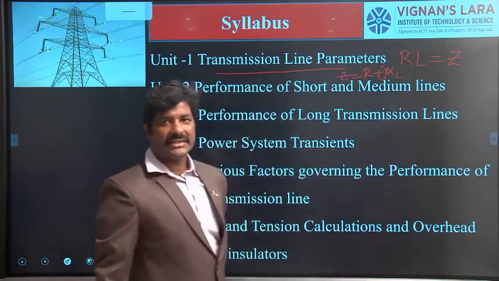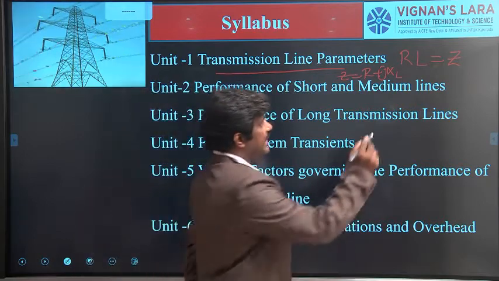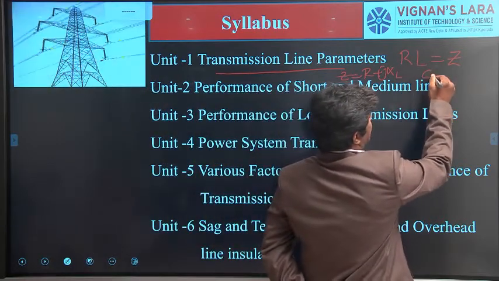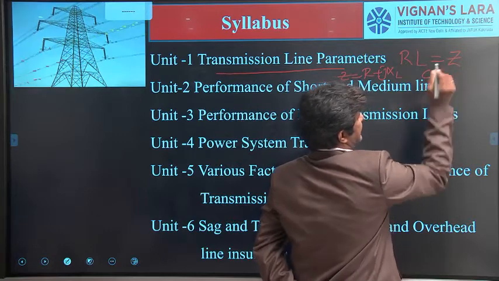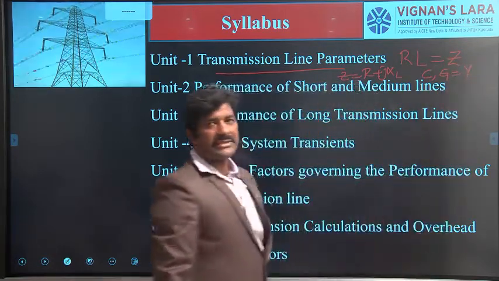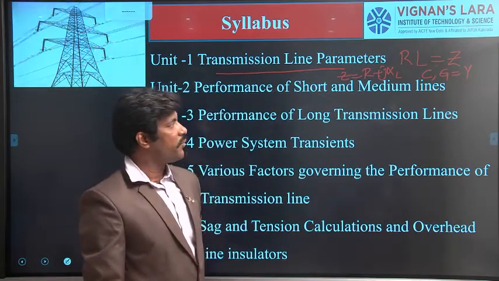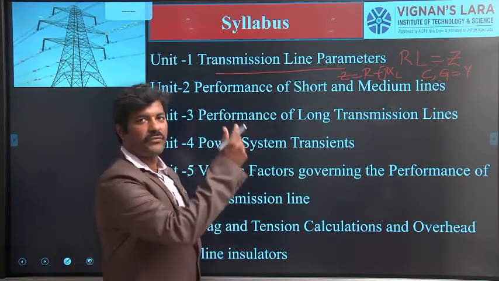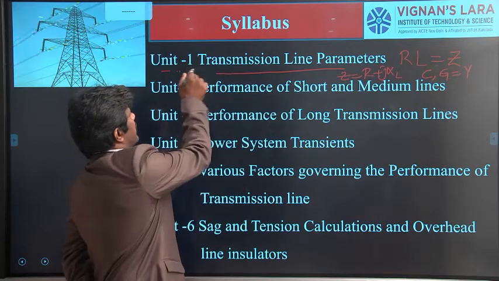And 2 more parameters are learnt in this first unit. They are shunt parameters, shunt capacitance and shunt conductance, which you can identify as the shunt admittance Y. So calculation of all the 4 parameters will be discussed in unit 1.